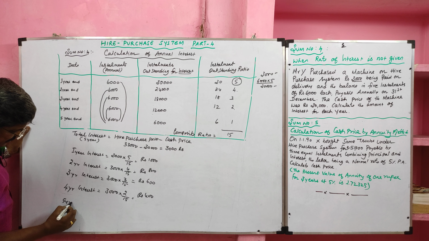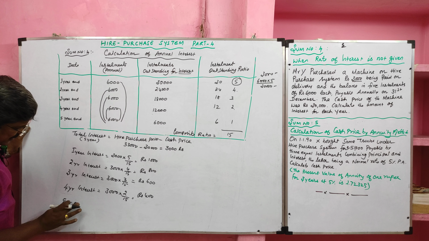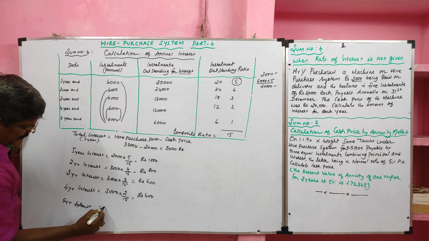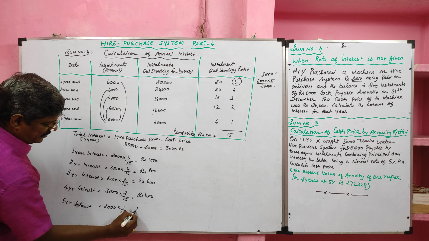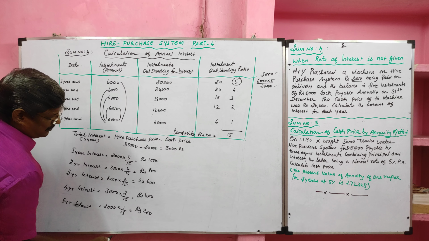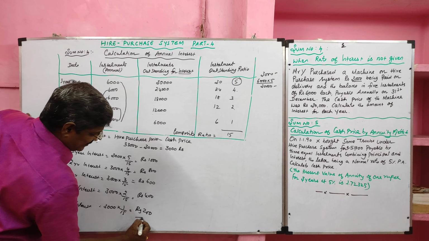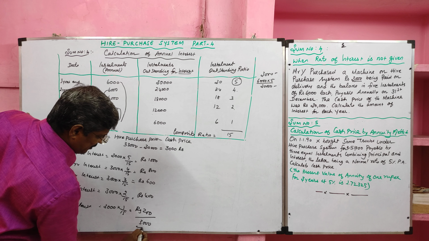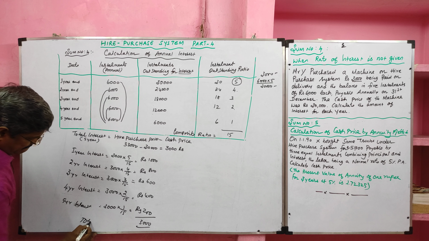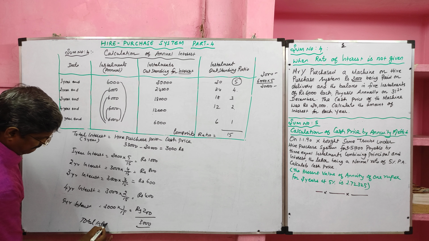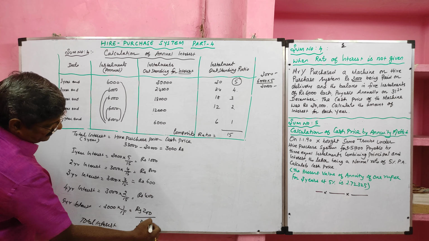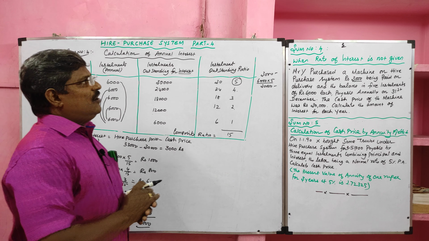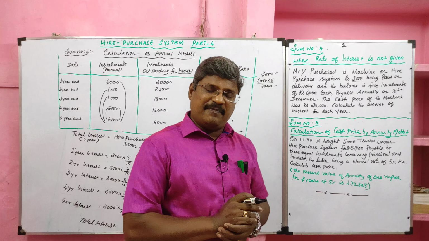Then fifth year interest: 3,000 multiplied by 1 by 15, its value rupees 200. If we add these, we get 3,000, that we call total interest: 1,000, 1,800, 2,400, 2,800, 3,000. Students, we solved the fourth problem in relation to hire purchase system.